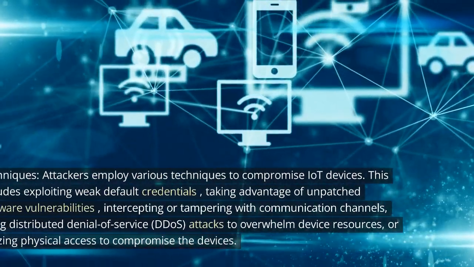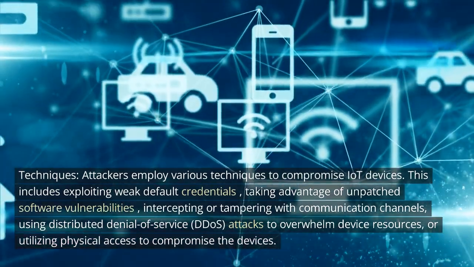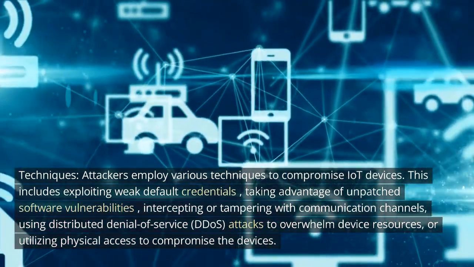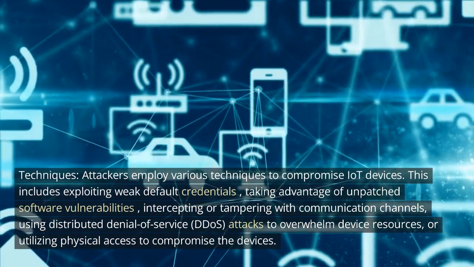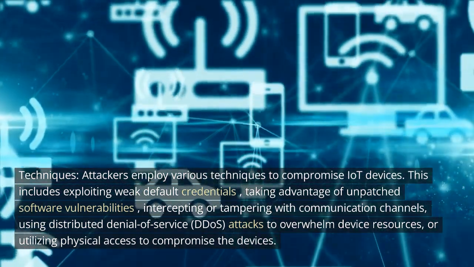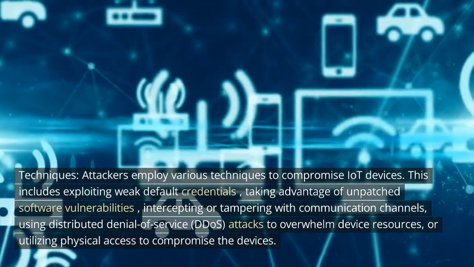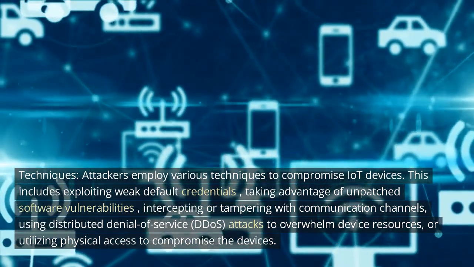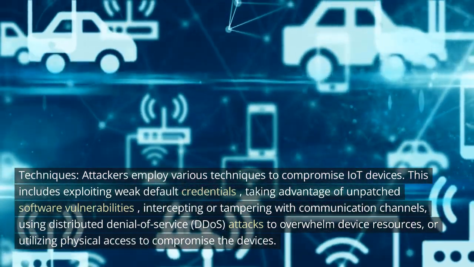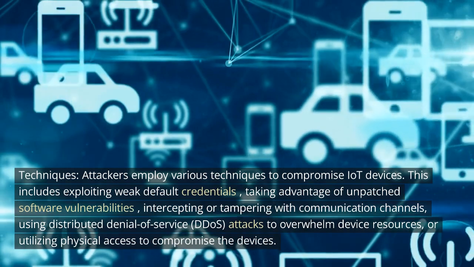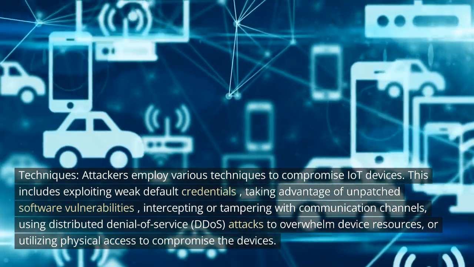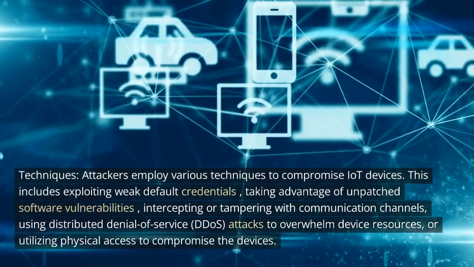Techniques: attackers employ various techniques to compromise IoT devices. This includes exploiting weak default credentials, taking advantage of unpatched software vulnerabilities, intercepting or tampering with communication channels, using distributed denial of service, DDoS, attacks to overwhelm device resources, or utilizing physical access to compromise the devices.